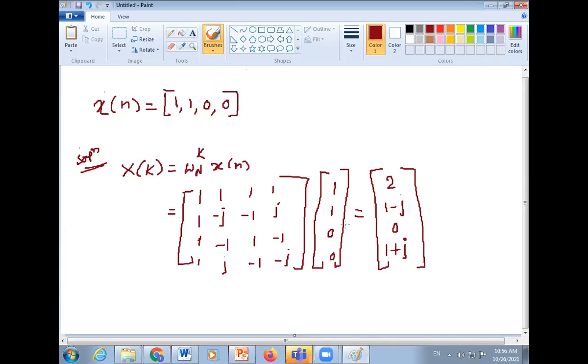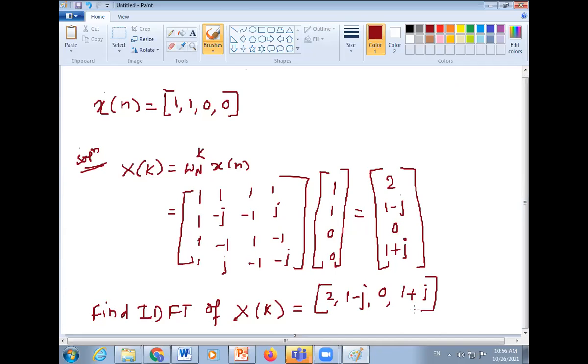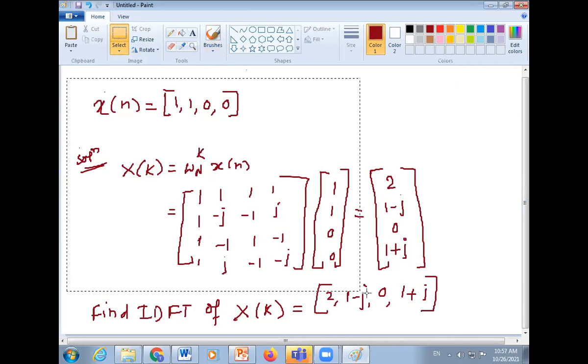Okay, let us take a few more examples. You just calculate the IDFT of this also. Take the question: find the IDFT of the sequence x of k is equals to 2, 1 minus j, 0, 1 plus j. Also take a few more examples for practice purposes, so that you can do the examples.